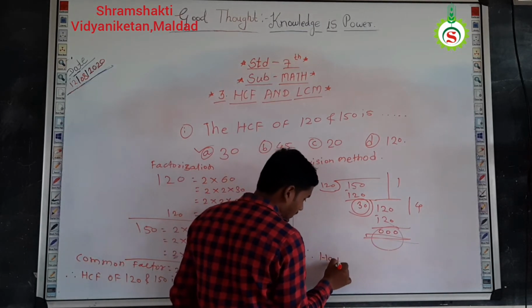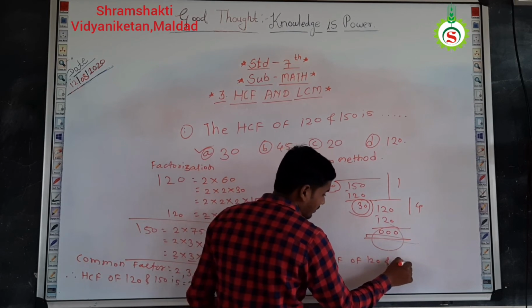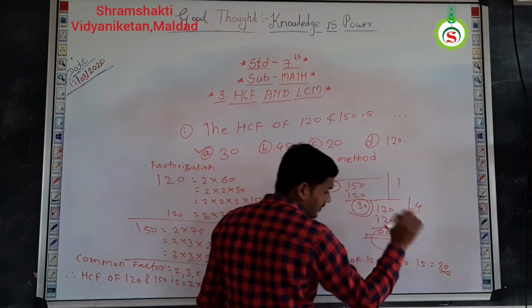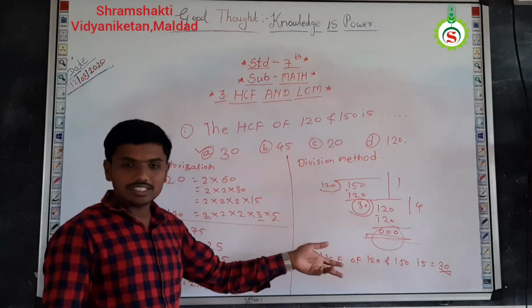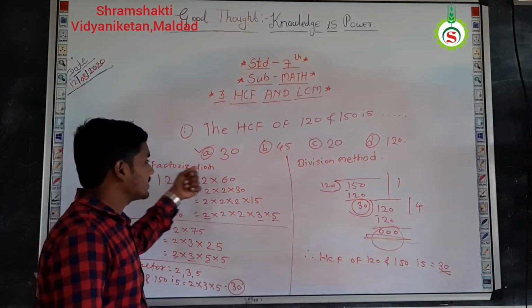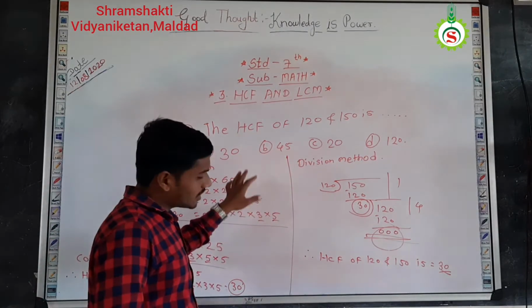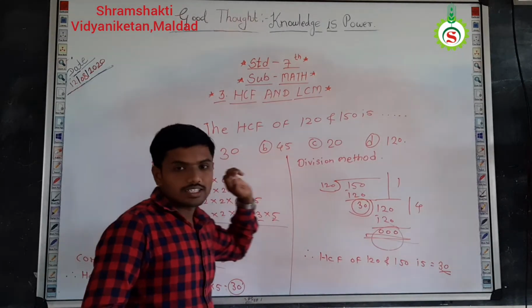Therefore, HCF of 120 and 150 is equal to 30. That means by both methods I get the same HCF. So you can use the factorization or division method, whichever you find easy. So our answer is 30.